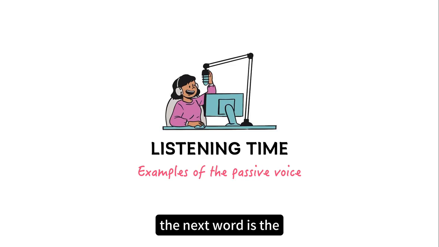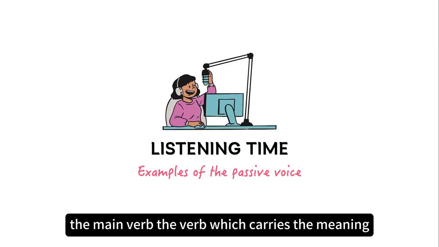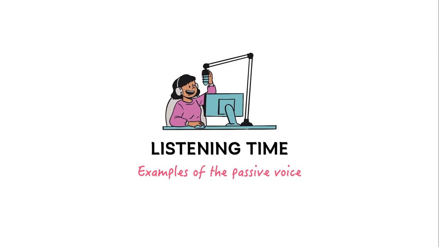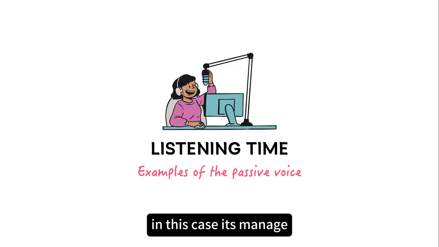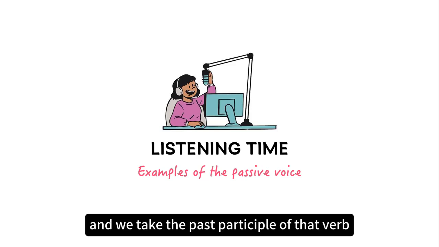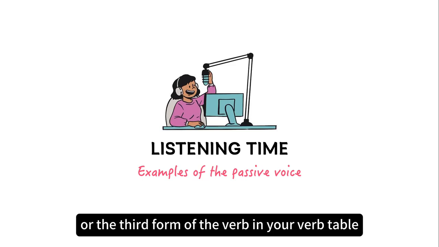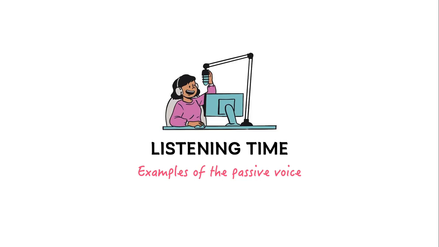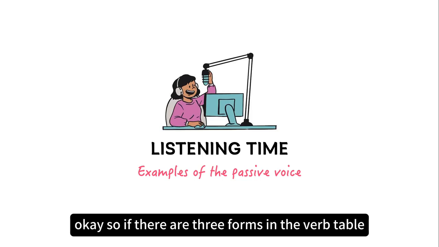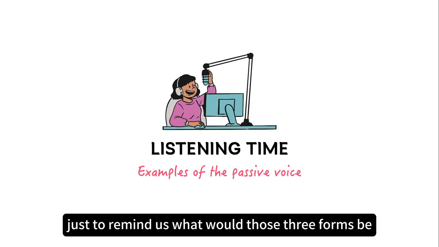The next word is the main verb, the verb which carries the meaning. In this case, it's manage. And we take the past participle of that verb, or the third form of the verb in your verb table. Okay, so if there are 3 forms in the verb table, just to remind us, what would those 3 forms be?